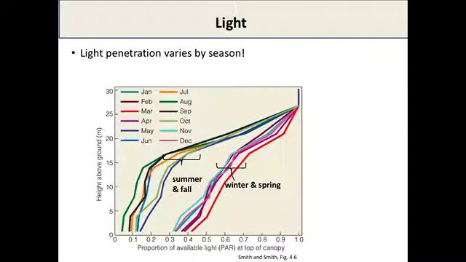As well as spatial distribution of light, we see temporal distribution of light. It's different in different seasons, but also even in different times of the day. So this is a plot that comes from the textbook.